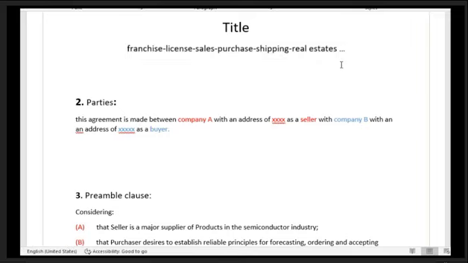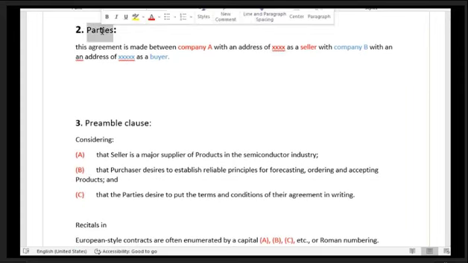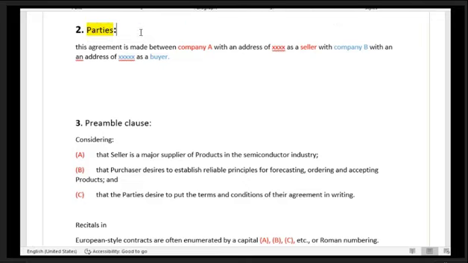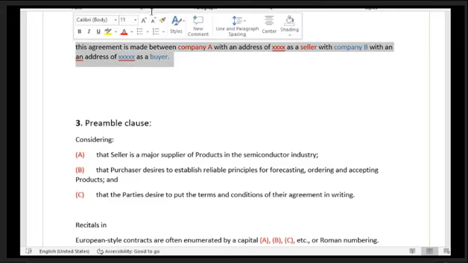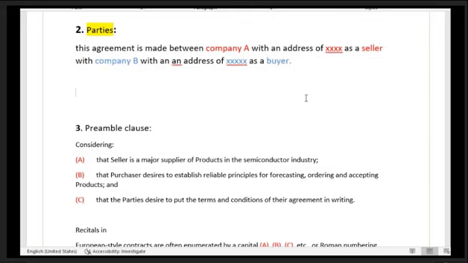Many contractual parties clauses are written as follows: This contract is made on date between company A with an address of blah blah blah and company B. Then mention the name of the company, address, and their role, if they are seller or anything else, and you can also mention the company representative name who has the right to sign and negotiate on behalf of the companies, and other necessary details.